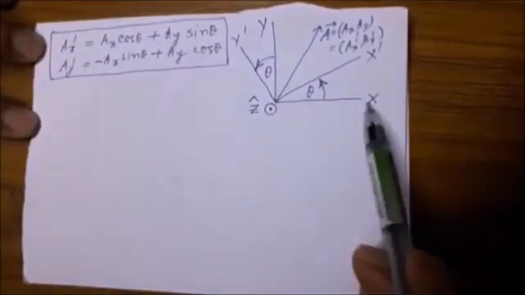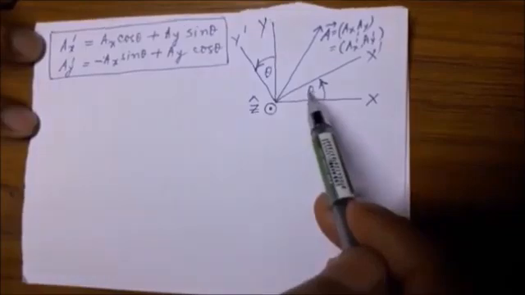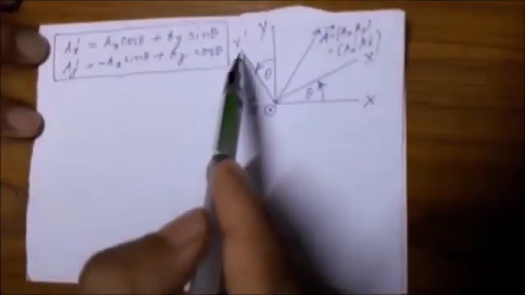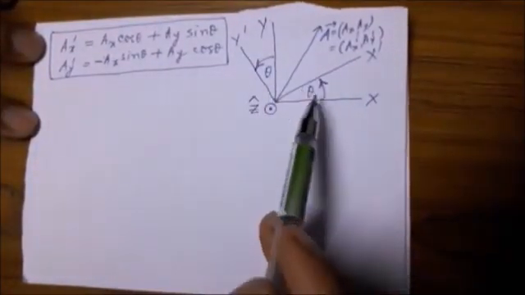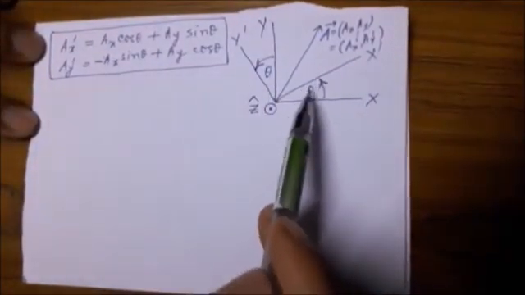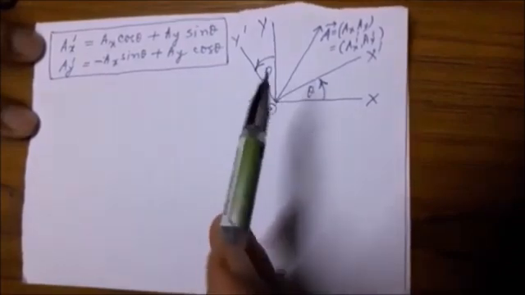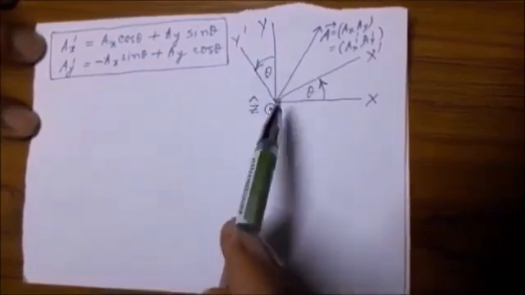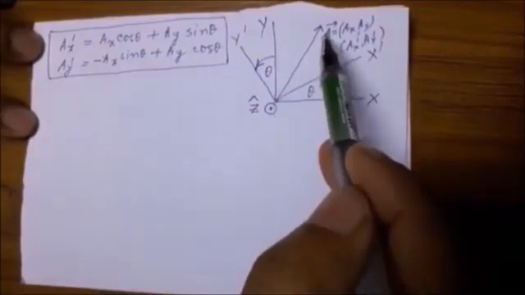This is x-axis, this is y-axis, and it is rotated by an amount theta, as a result of which x comes to x prime, y comes to y prime. So we have two sets of axes related by a rotation of an angle theta, and the rotation is about z-axis. Z-axis doesn't change, only the position of x and y-axis changes. Now we have considered a vector a.